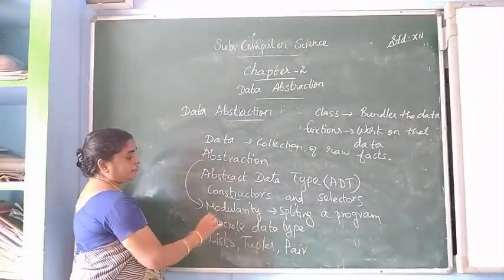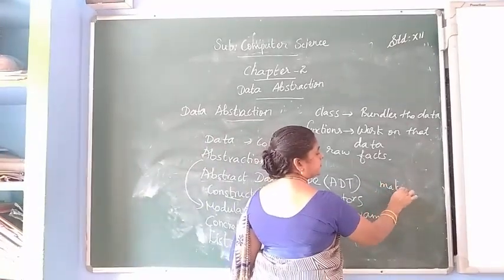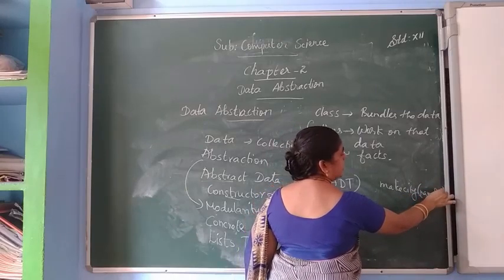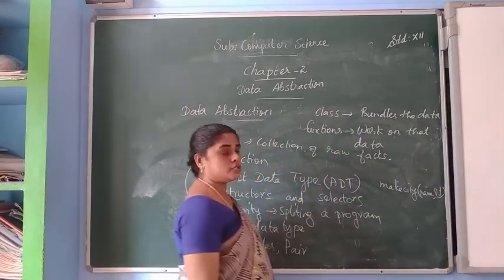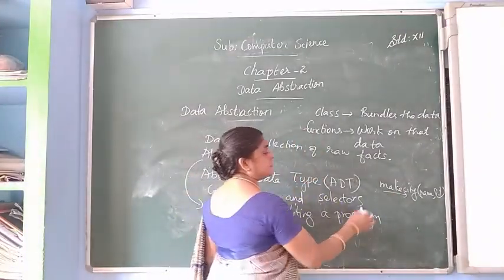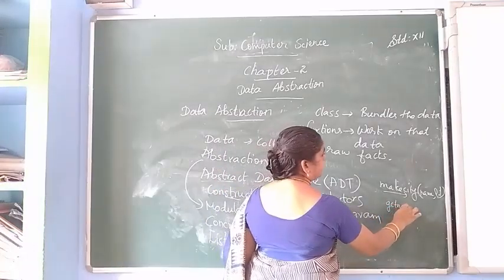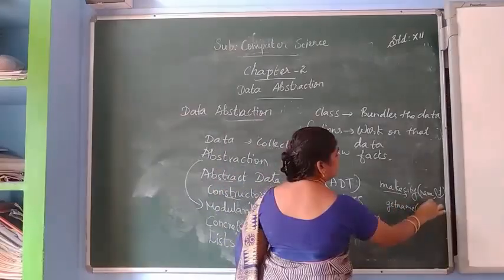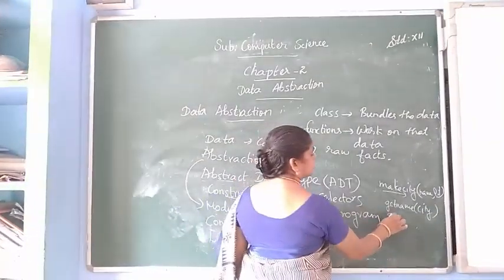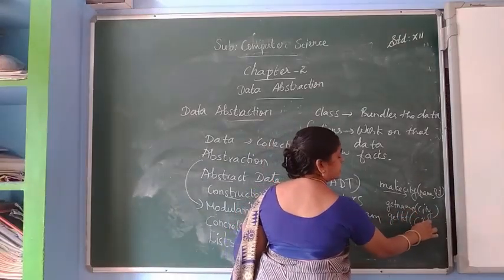Now for constructor, for example, make city name, comma latitude, comma longitude. So make city, this is the constructor. Selector means you have to gather the information. So get name of city, this is one. The next one, get latitude of city.